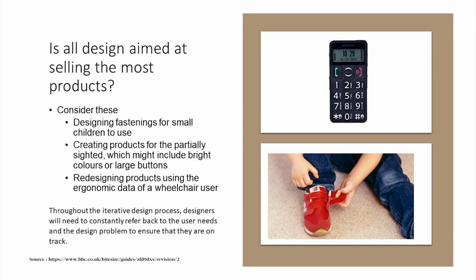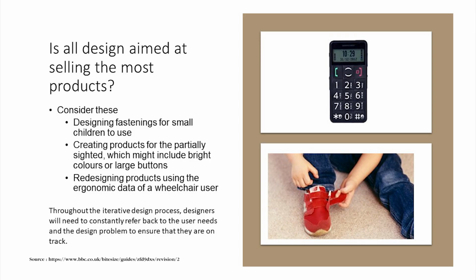So when you are creating a design, you need to think about which market segment, or who are the people that you are targeting. And it is not always that you create designs to make profit. Okay. So some designs are aimed to satisfy a specific segment, sometimes even one user.